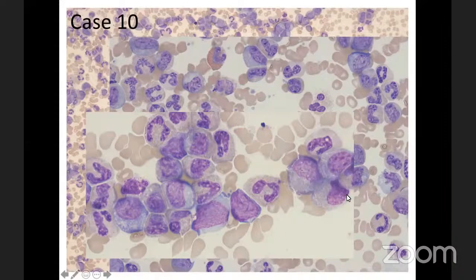Band, myelocytes, and some metamyelocytes. We have here a basophil in between. So we have a hyperleukocytosis, with predominance of neutrophils, myelocytes, some metamyelocytes, and very rare blasts in between, could be around 2 to 3% maximum.